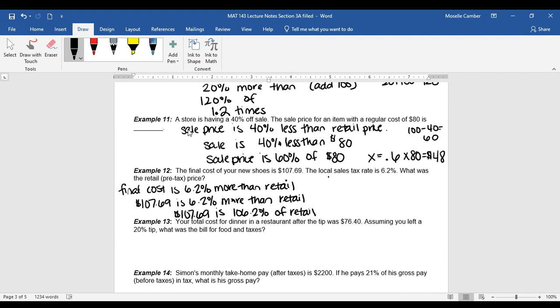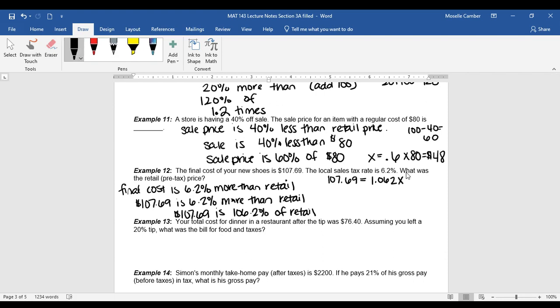So translating it into math, we have 107.69 equals 106.2%, which is going to be 1.062. Of means multiplication, and your retail cost, which we don't know. So I'm actually going to put just x for my retail cost.